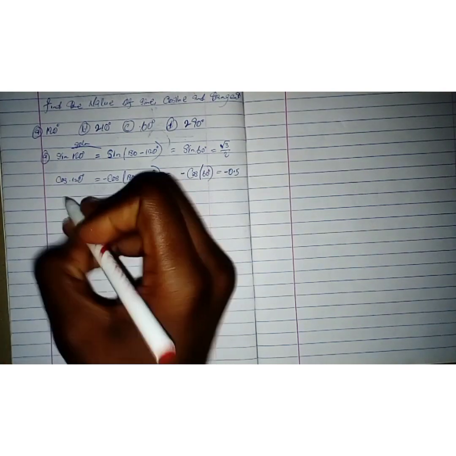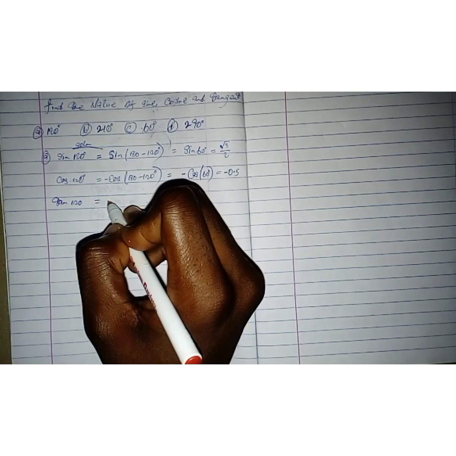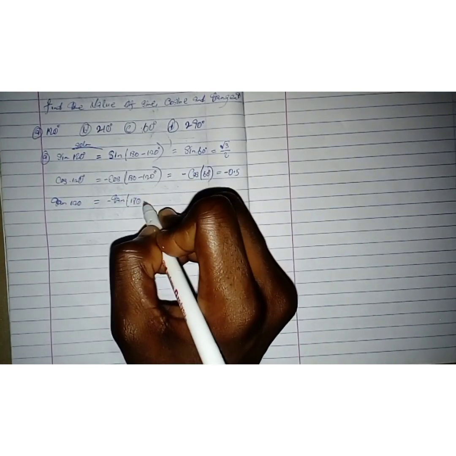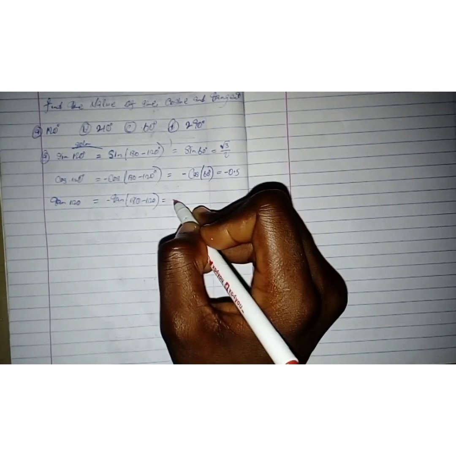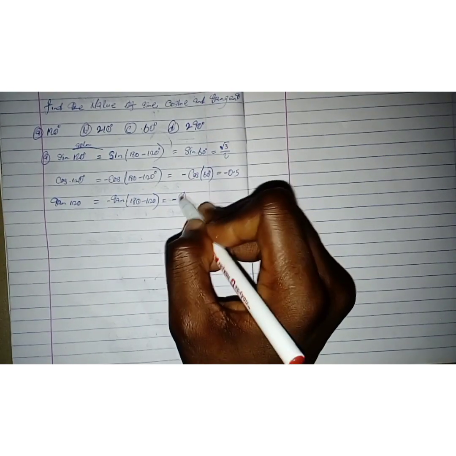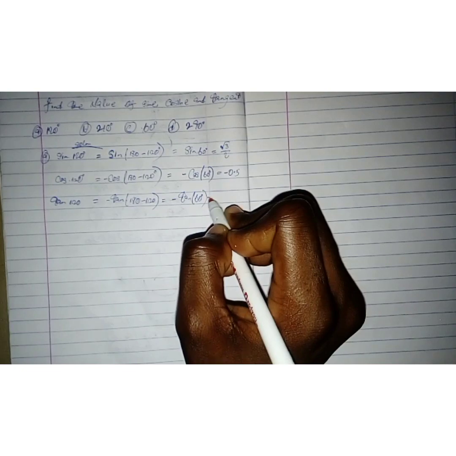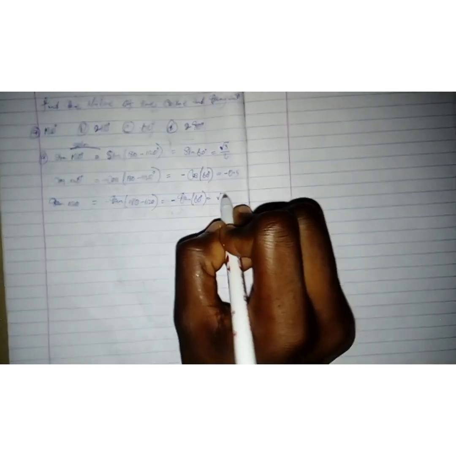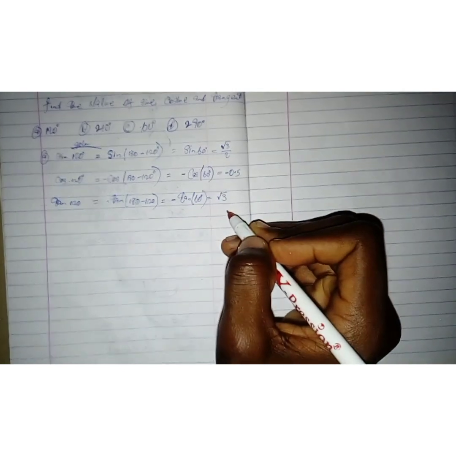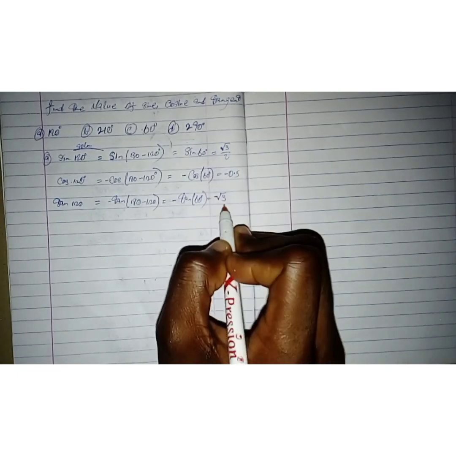And also for tan theta, tan 120 would be negative tan of 180 minus 120, which would give you negative tan 60 degrees, and this would give you negative square root of 3.